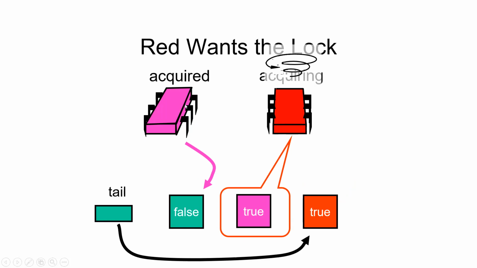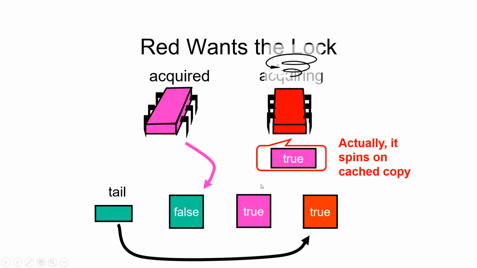Next, it will spin on this particular field until the other thread modifies this true to false. It is not directly spinning on that thread's location. Instead, it will get a cached copy, and it will spin on that value.